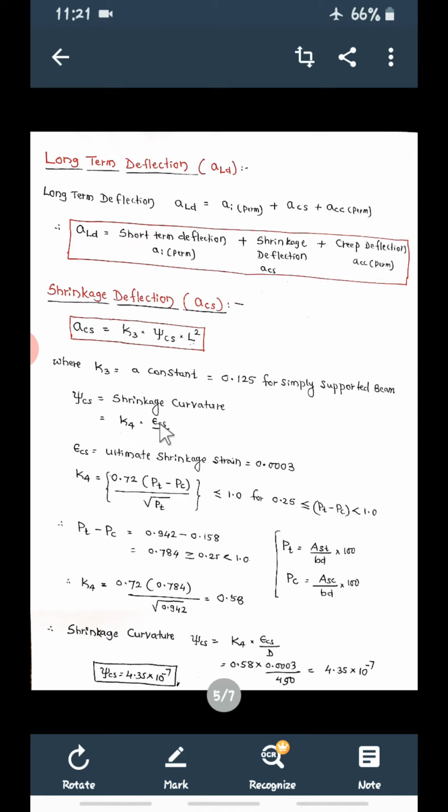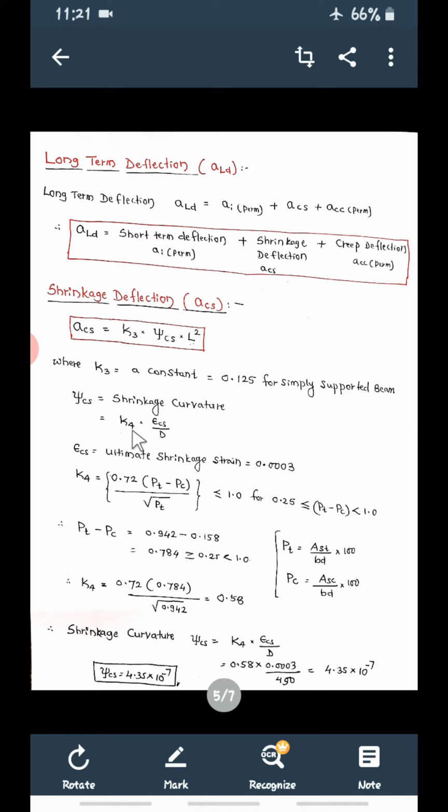Sometimes this will be given in the problem, or you can directly assume the shrinkage strain is equal to 0.0003. This is a strain, which has no unit, it is unitless. If it is not given directly in the problem, you can assume 0.0003 as this epsilon CS.